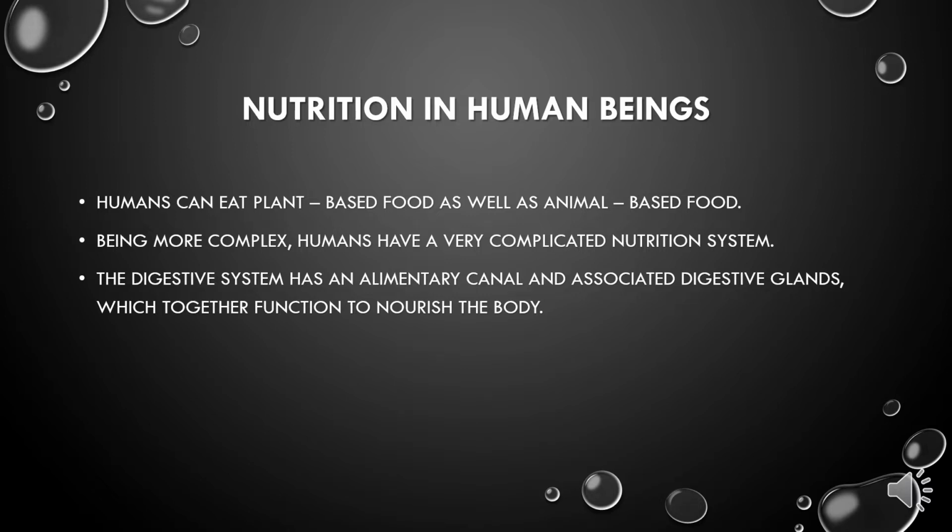So, being more complex, humans have a very complicated nutrition system. The digestive system has an alimentary canal and associated digestive glands, which together function to nourish the body.